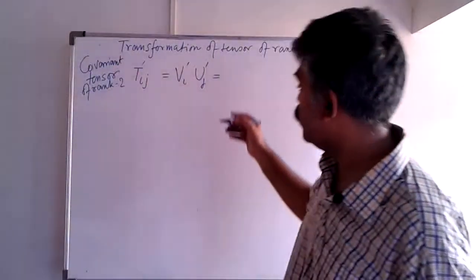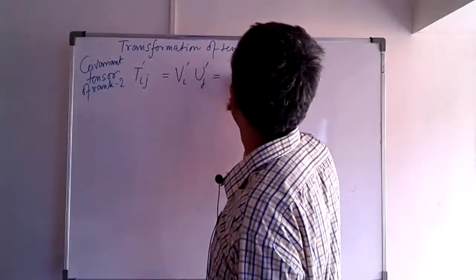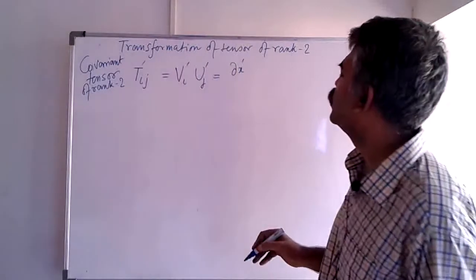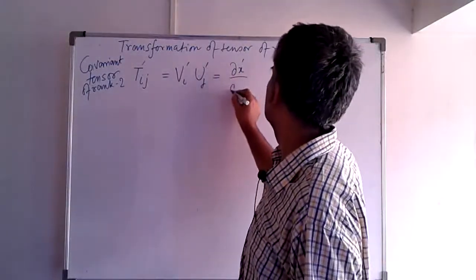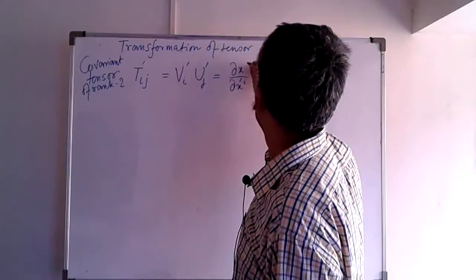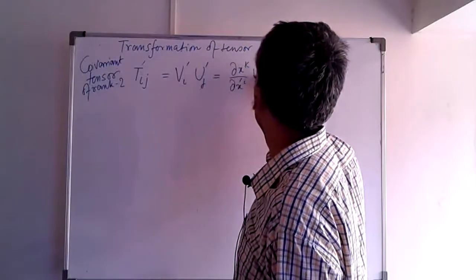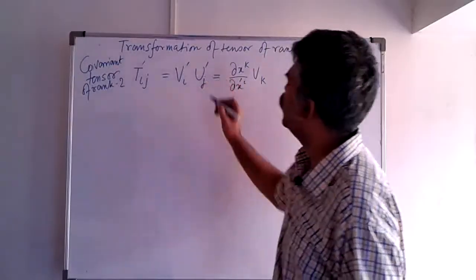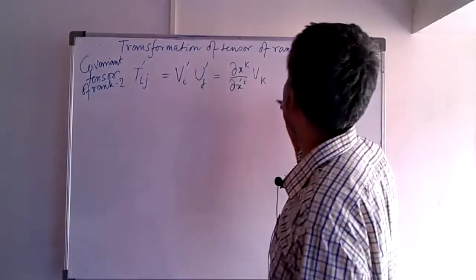So what's the transformation for this? Del x k / del x prime i, V k. I can't use j because j is already a free index I am using.